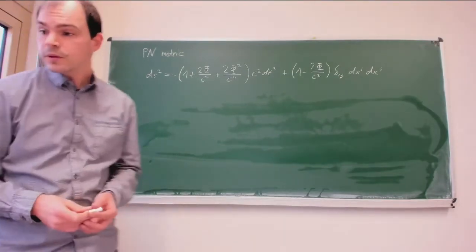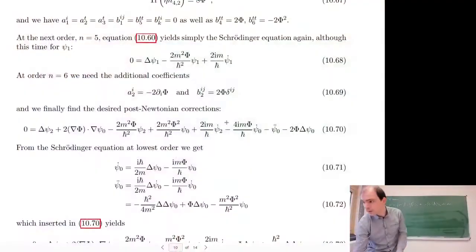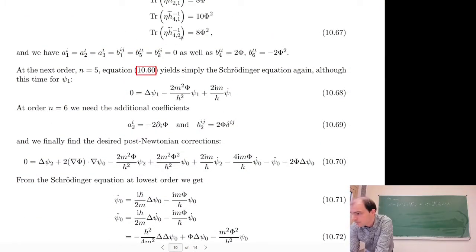And we can calculate the different expressions that we need. We can calculate all the coefficients a and b that we need for this specific metric. Then we get the Schrödinger equation with the Newtonian potential at the order n equals 4 that we had before.